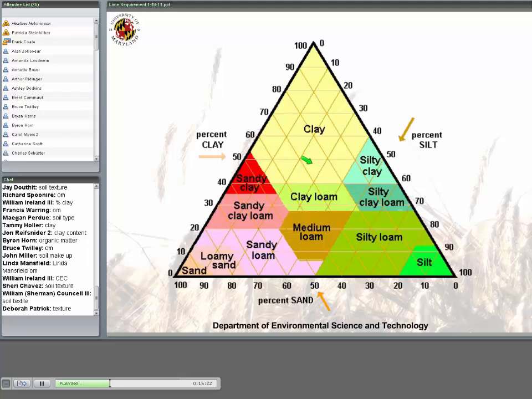Okay. A clay loam has anywhere from 40% clay to about 28% clay. All right, that's quite a range. That's 12%. If you go over to the right and look at a silt loam, knowing that your soil is a silt loam is only telling you that you have somewhere between about 28 and 0% clay.